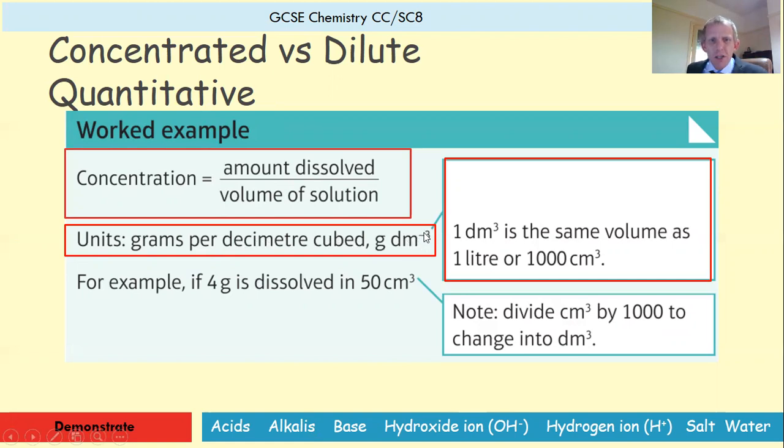This minus sign that you can see next to this 3, this cubed unit here, is only there because we have removed the dividing sign between the grams and decimeters. If you were to put this dividing sign in at this point, you would be able to remove that minus sign. If you don't put the dividing sign in, then you would have to add that minus sign. If you're a triple class, this is how I expect you to be presented, grams per decimeter cubed.